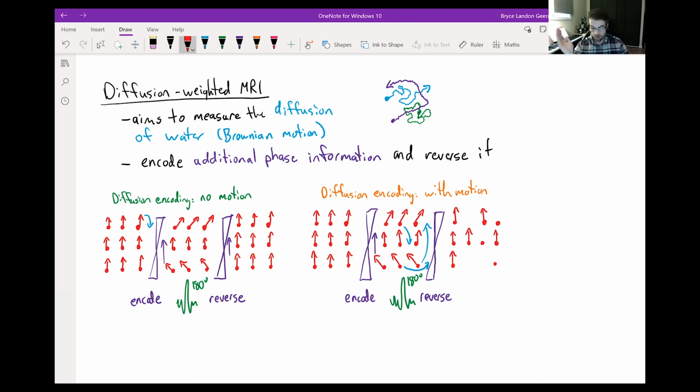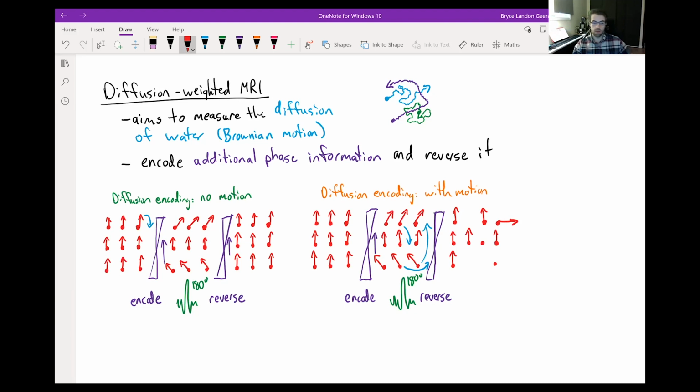And then we've moved this spin up to the top row, where it's going to experience more positive phase encoding, which means the spin is going to be even further ahead in phase by the time we reach step 3. Sorry about the pause. I've got it drawn behind in phase in my example diagram, which is definitely incorrect.